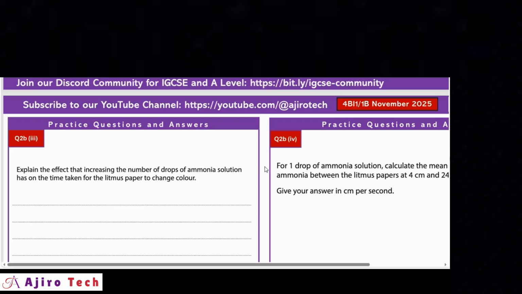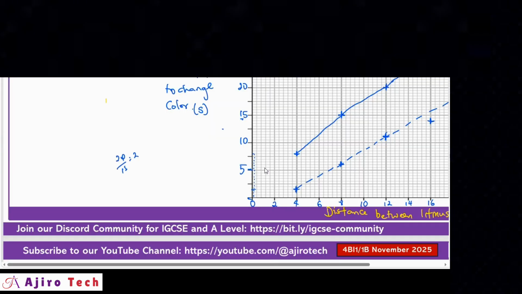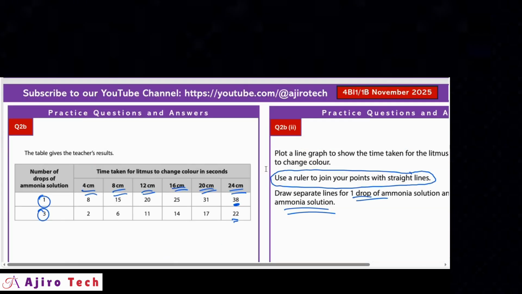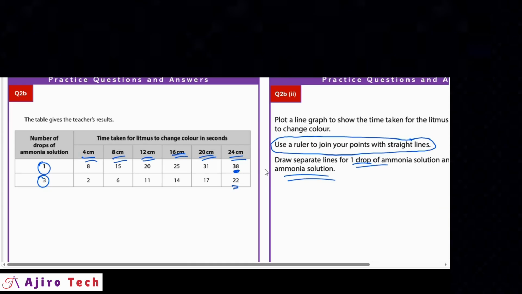So if before, let me scroll up to the table, at 4 centimeter distance, it takes 2 seconds to reach the 4 centimeter mark of the damp red paper, it takes less than that.